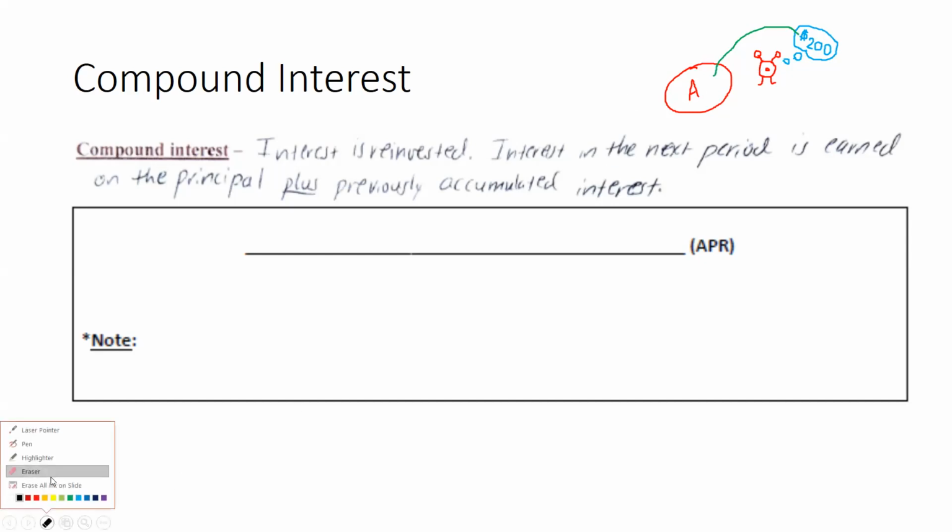Now, in this account, we've got that extra $200 floating in there from when our monster looked into the account. Now, here's what's going on with the interest monster this time. Now that that extra $200 is in there, the interest monster sort of has a shorter memory.